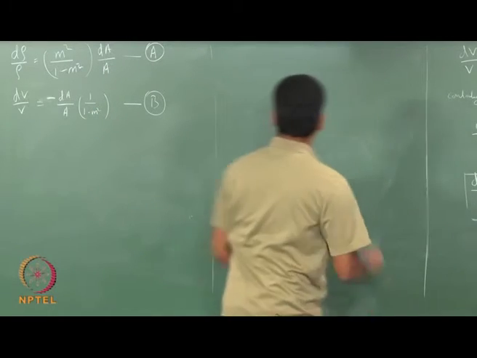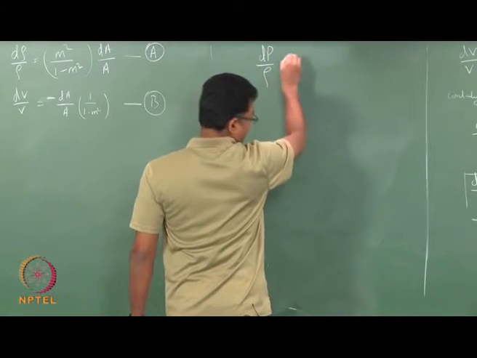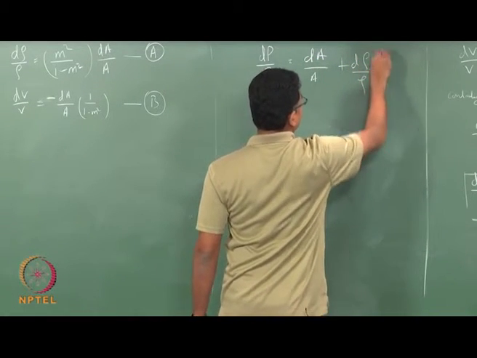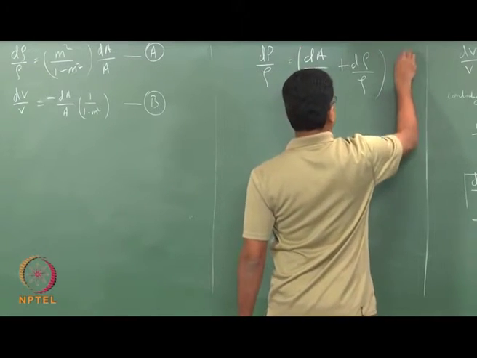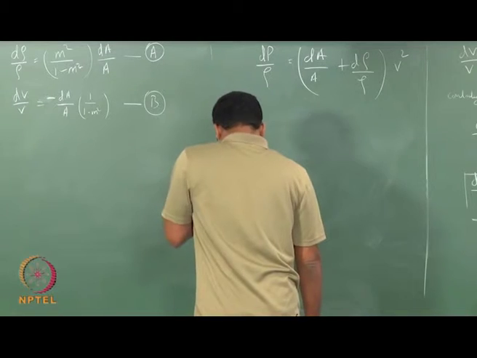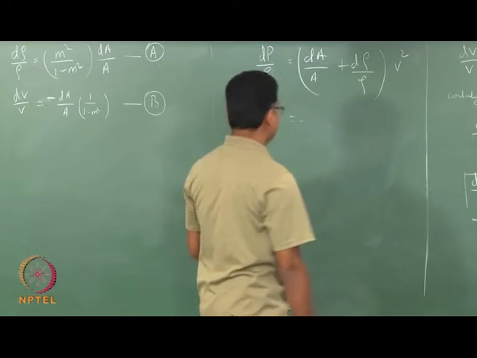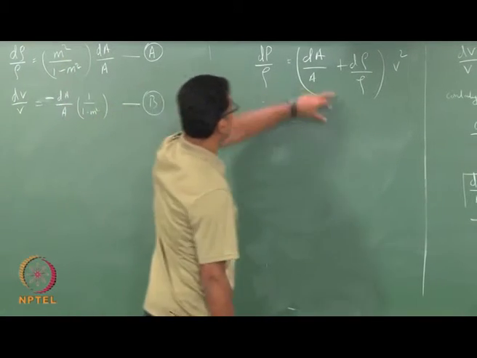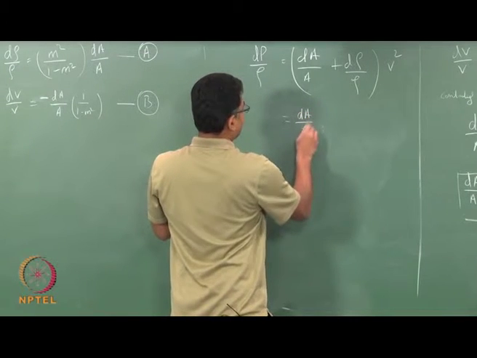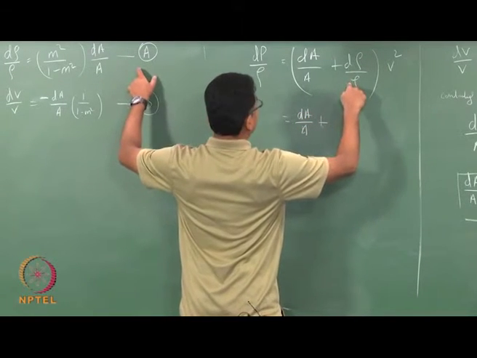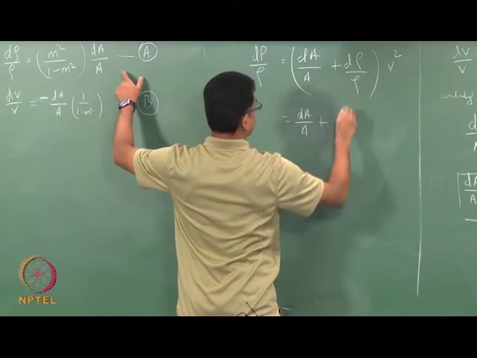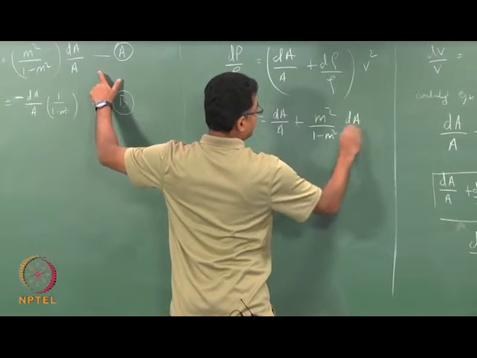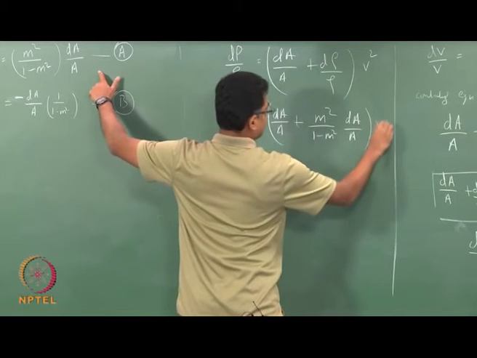We have also seen this equation, dP by rho equals dA by A plus d rho by rho into V square, where I now substitute d rho by rho from this equation here. So, dA by A plus M square by 1 minus M square into dA by A, into V square.